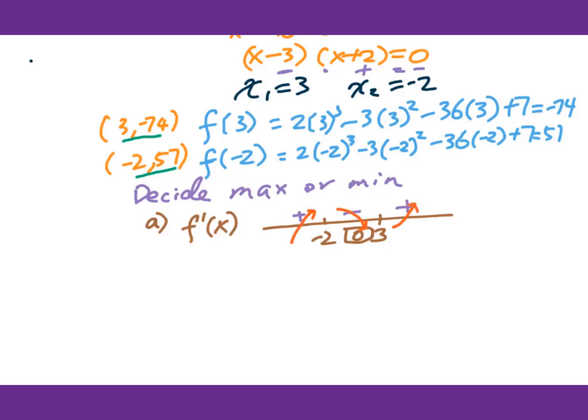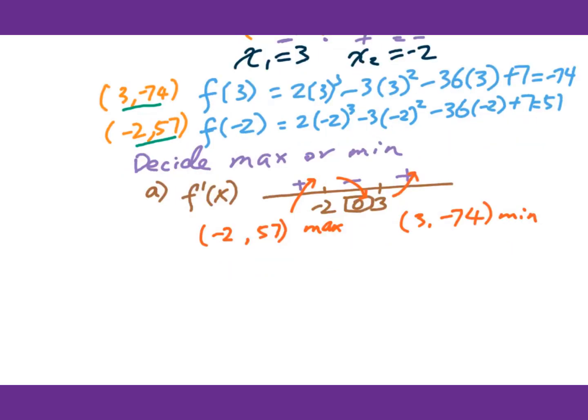So this (-2, 57), that's the maximum point. And (3, -74) is a minimum point. Another way to decide the maximum or minimum point, we can use the second derivative.